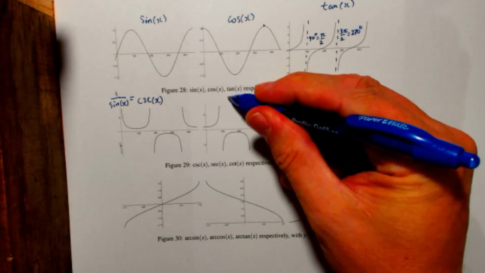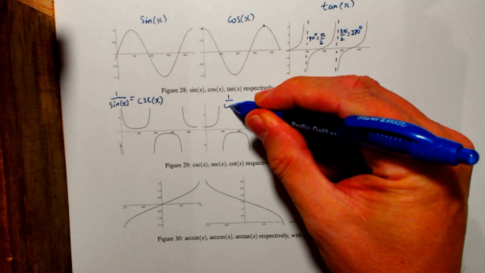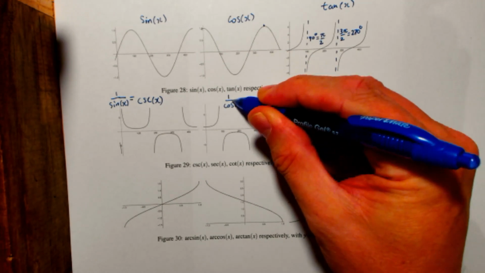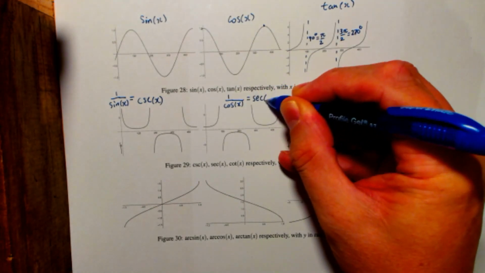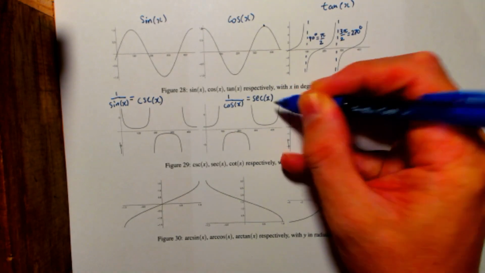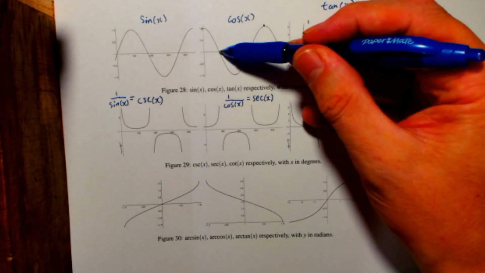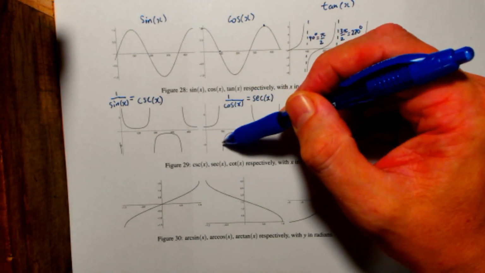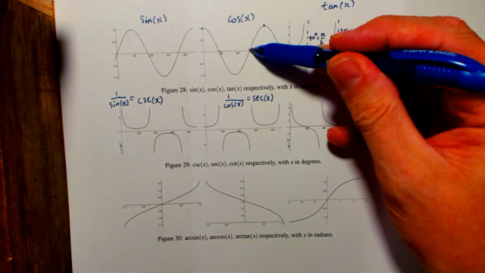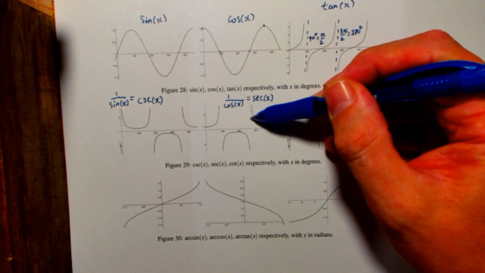Okay, this one is 1 over cos of x, which is sec of x. Now when cos of x is 0, we have a vertical asymptote in sec of x. Likewise here we have a vertical asymptote.